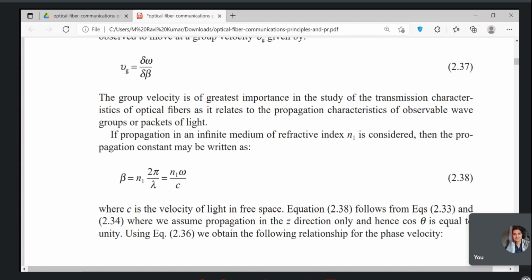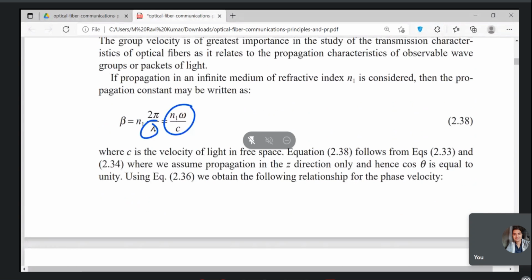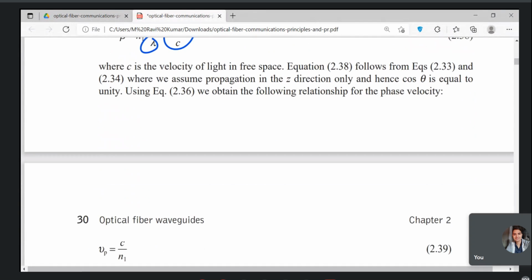I hope you are familiar with these conversions, right? Lambda is c by f. Fine. So in this, if you substitute lambda is equal to c by f, you can come to this. I hope you're familiar with the angular frequency. 2 pi f is given by omega, right?